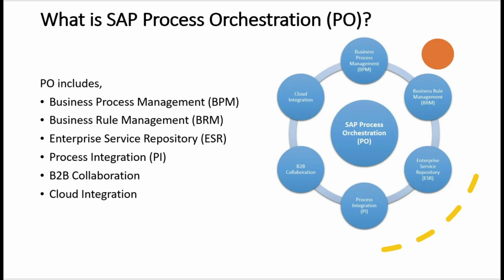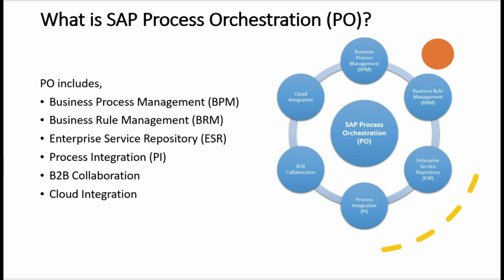So here is a diagram. What does SAP process orchestration look like? So PO includes BPM, BRM, ESR, PI, B2B collaboration, and cloud integration. Okay, so all are revolving around our process orchestration, all these 6 segments, right?